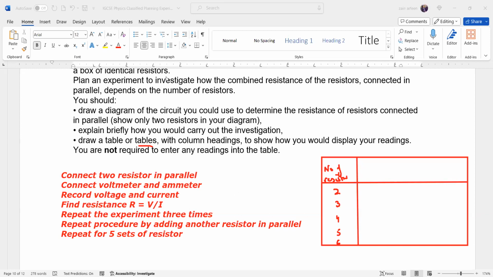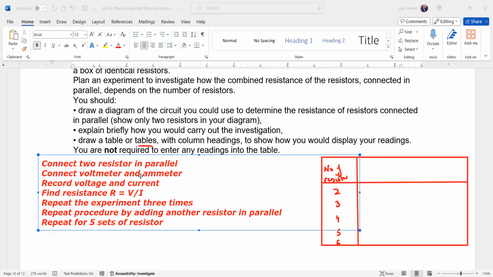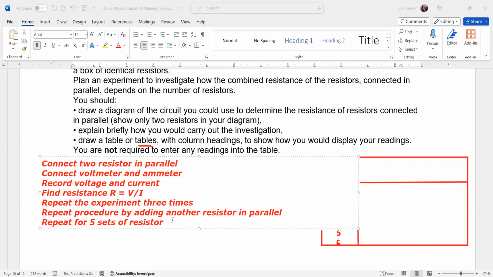Whenever you're doing an experiment related to electricity, what precautionary measures should you take? You should switch off the circuit between the readings, because if a circuit remains on for a longer period of time, it will produce a heating effect, because current has a heating effect.